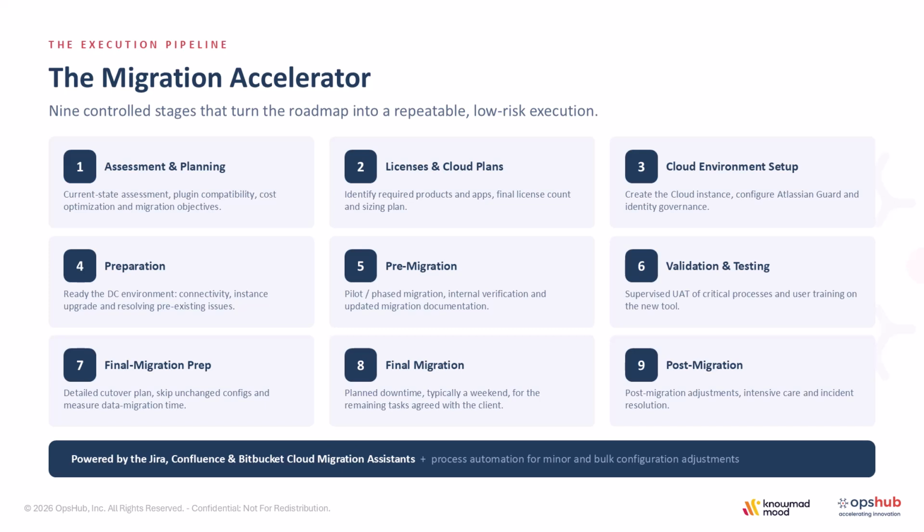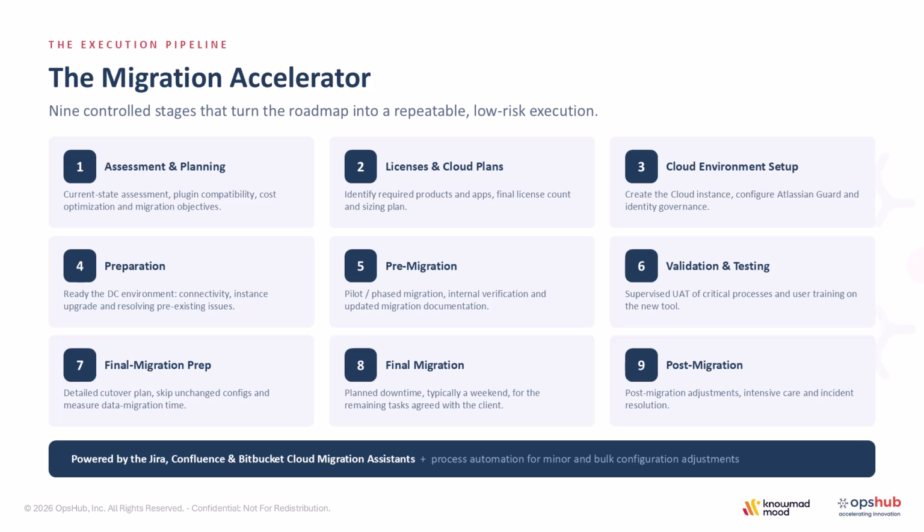No? So we do have some accelerators in this scale. We have one for the assessment, which is probably the biggest one. We go through all the configurations, all the fields, or the workflows, or the roles, or the users. Everything is listed, everything is reviewed, everything is traced to what is used or not used. From there, we identify a lot of definitions which are not really used in the system anymore.